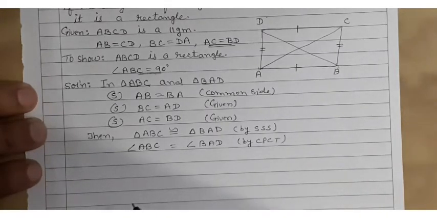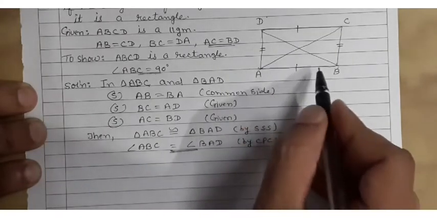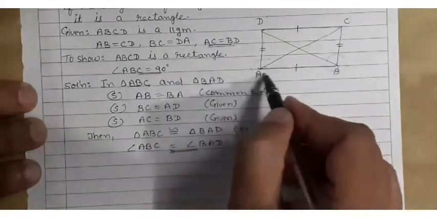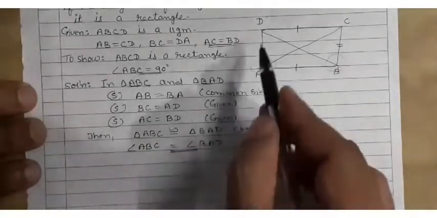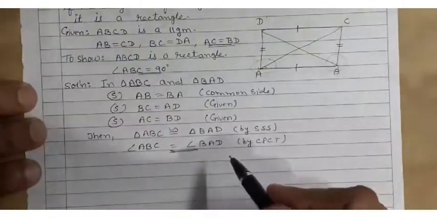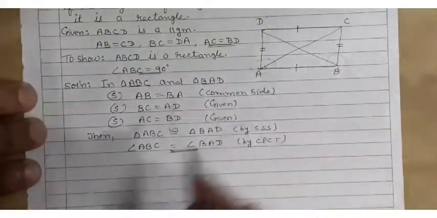And actually, these two are which type of angles? Angle ABC and angle BAD are actually your co-interior angles. This is a parallelogram. In a parallelogram, these two are co-interior angles, and these two co-interior angles are equal.